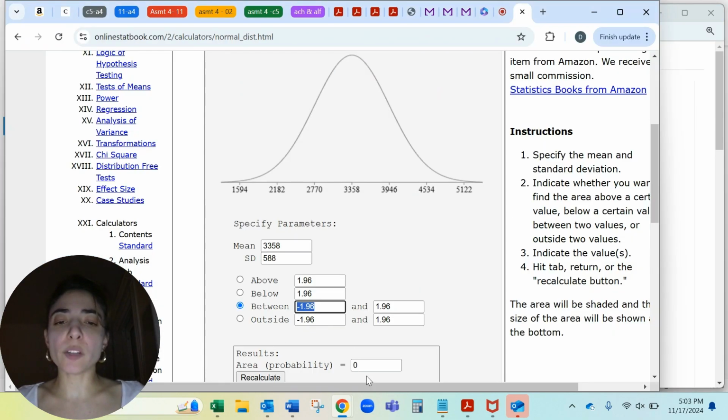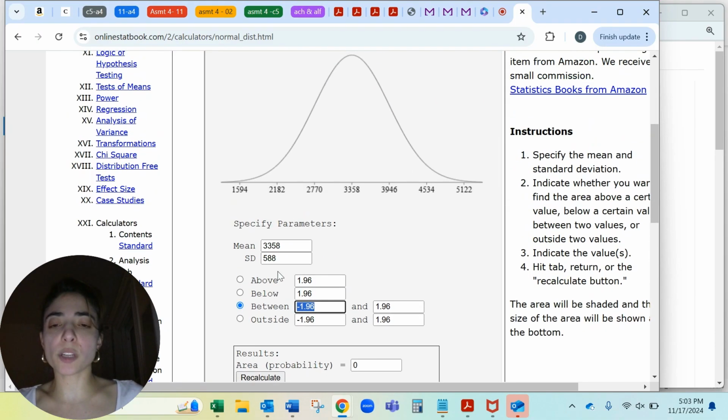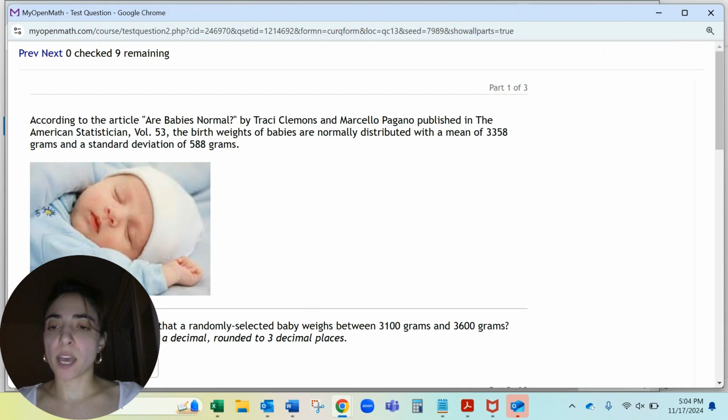So this calculator will calculate for me the probability, for data of this distribution, of seeing a baby that weighs between 3,100 and 3,600 grams. When I click recalculate, I see that the probability of a randomly picked baby is 0.3293, and rounded to 3 decimal places, that is 0.329.